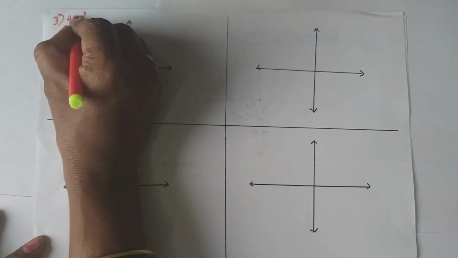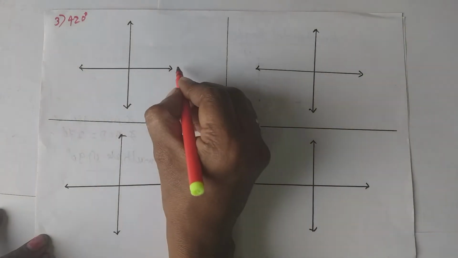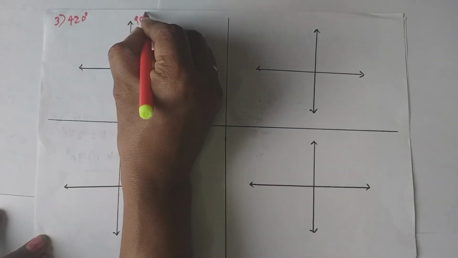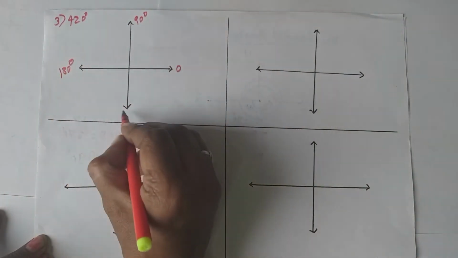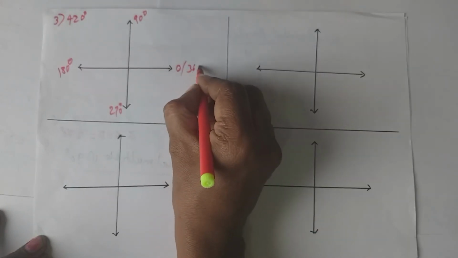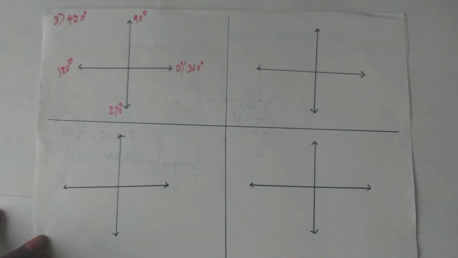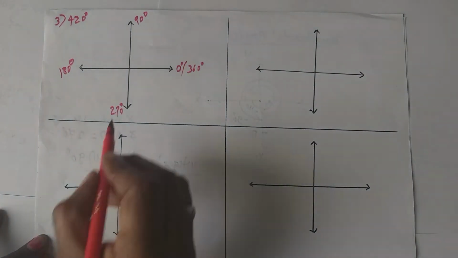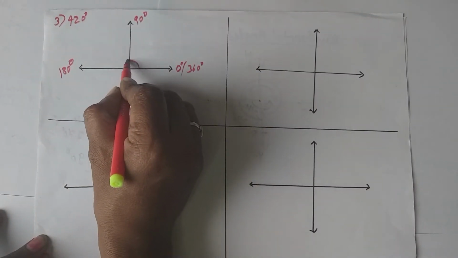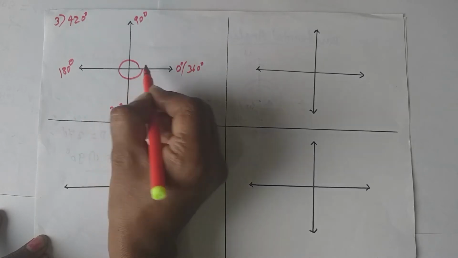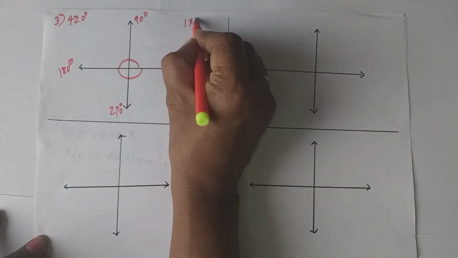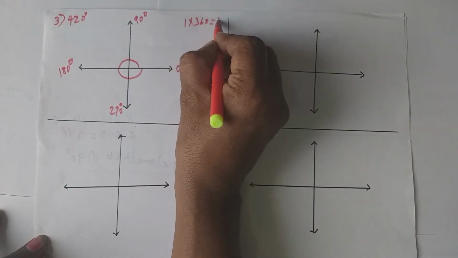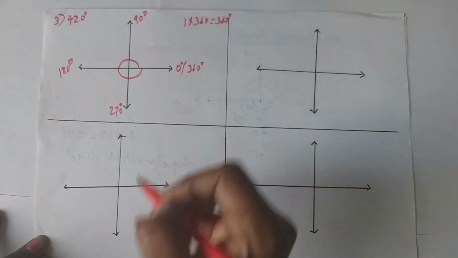Angle of 420 degrees. Again, you draw here 0, 90, 180, 270 and this is 360. Now see here, if the angle is positive, it means we have to rotate in the anti-clockwise direction. If there is one complete rotation, an angle of 360 degrees forms.